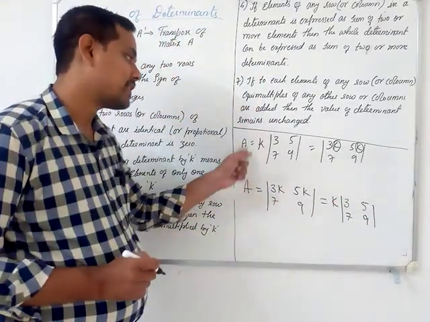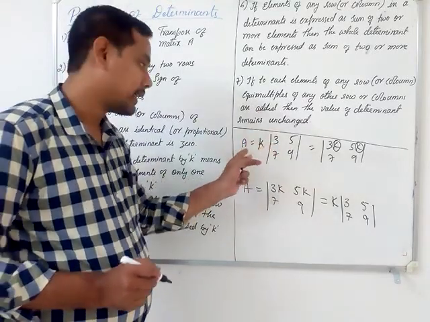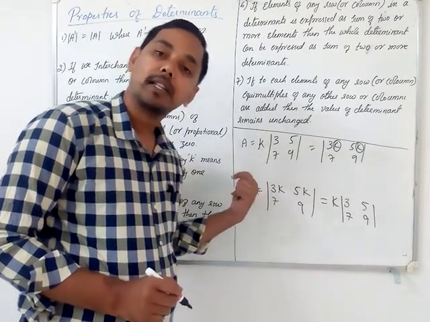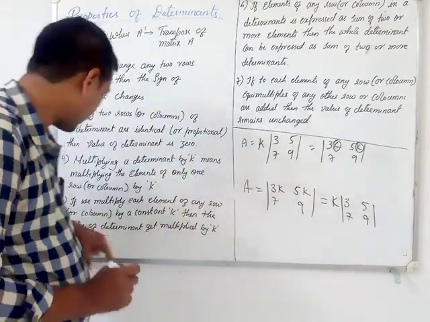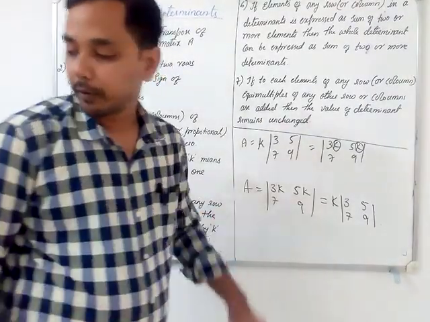Same thing here, from inside we are taking outside. If k is outside and goes inside, how it should be done? It is given in property 4. If k is there inside and is coming out, then what should be done? That is given in property 5. So is that clear? This was about the fifth property.